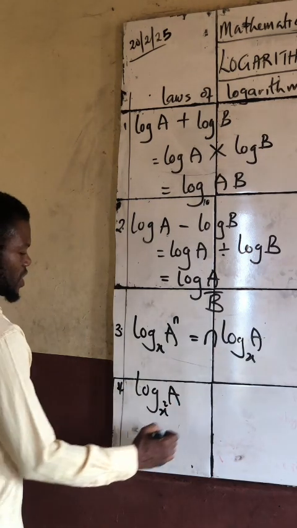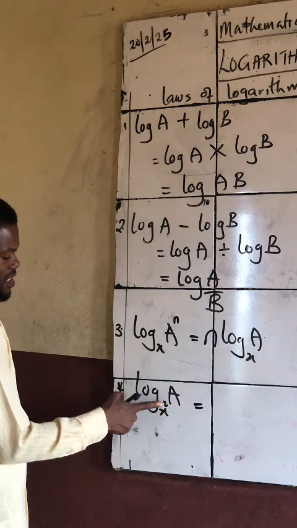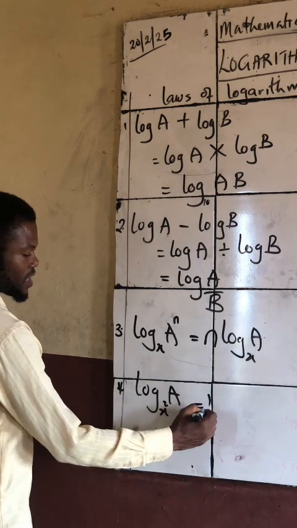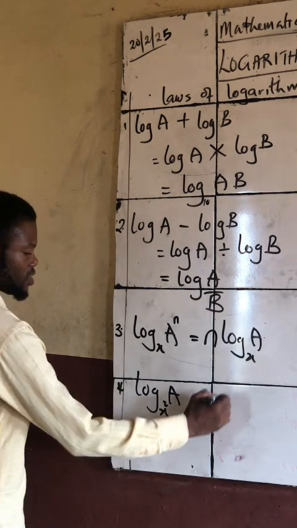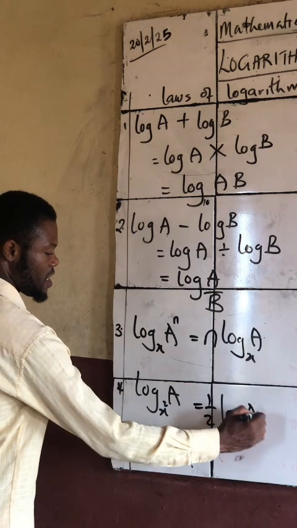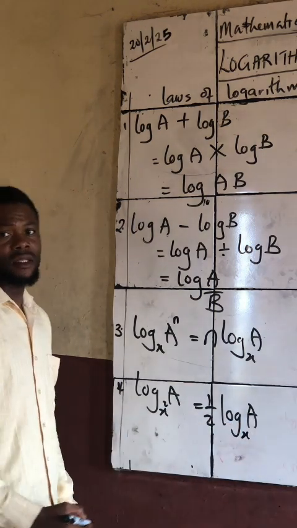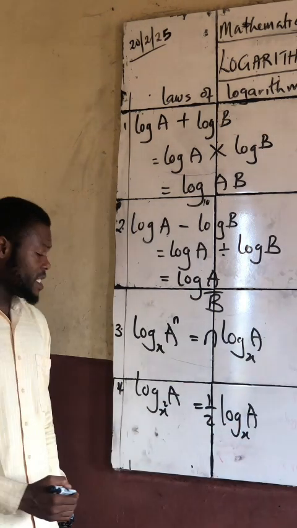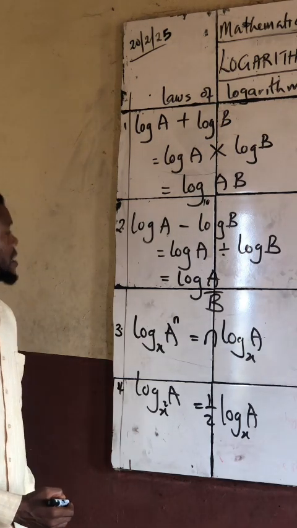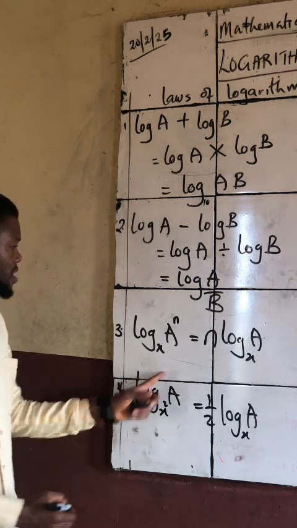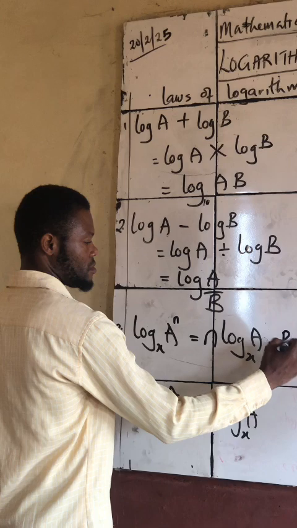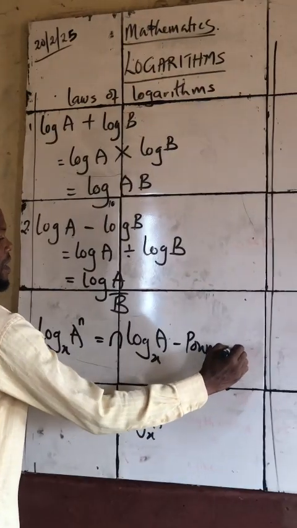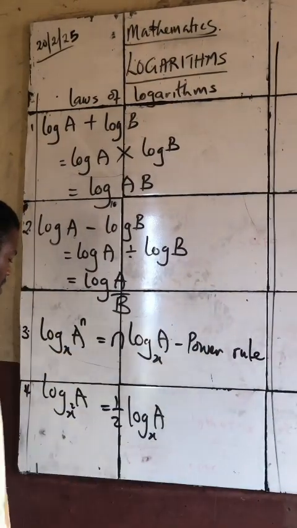This becomes 1 over 2 in front, then you have log A base x. So with this, I can say that this is what we call the power law, the power rule.